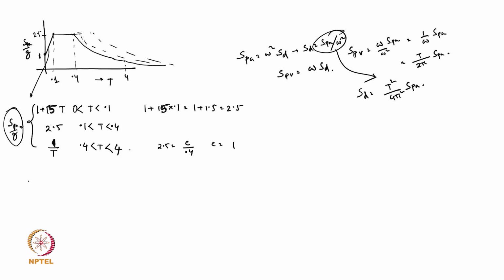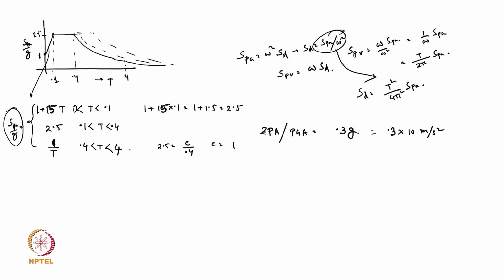And if I say that the zero period acceleration of that location, the ZPA or PGA value, is something like 0.3 G, that means 0.3 into 10 meter per second square.